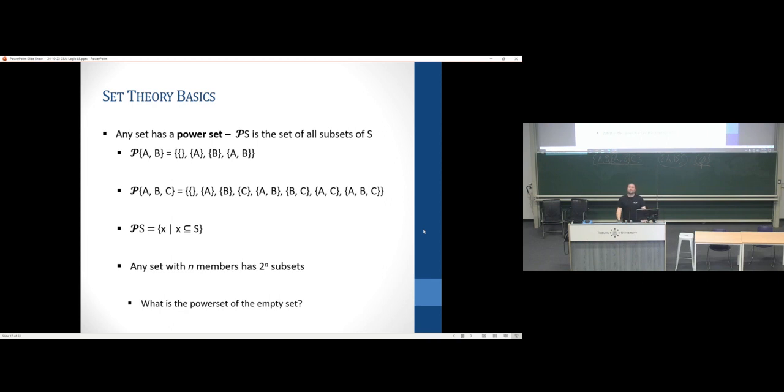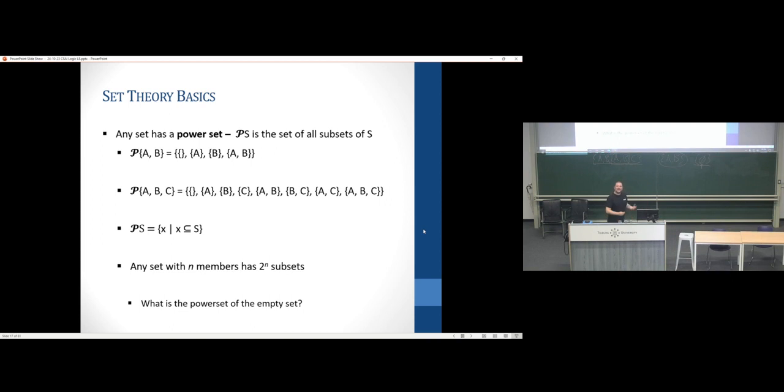So maybe an interesting place to start, right? And a fun little question. If every set is 2 to the n, right, what's the power set of the empty set? It only has the empty set as a member.